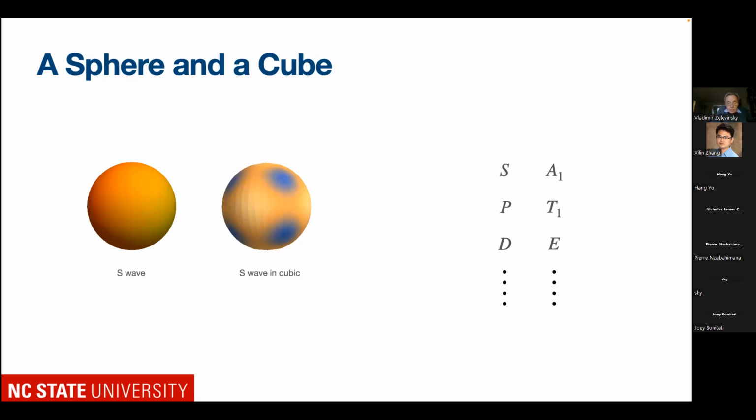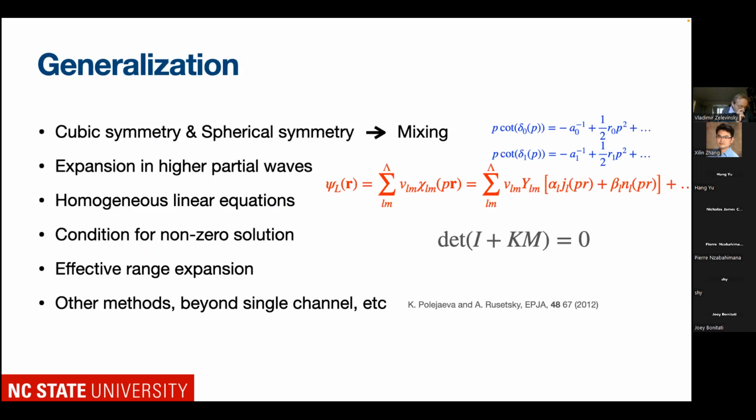This correspondence is everywhere in the cubic symmetries. For example, for the A1 symmetry, you need to use angular momentum 0, including 0, 4, 6, 8, etcetera. It just doesn't do things the way we want. This is causing a mixing. Not only the S wave is going to contribute in the box, but also all different kinds of partial waves can contribute.